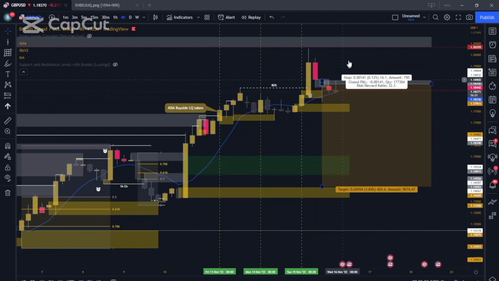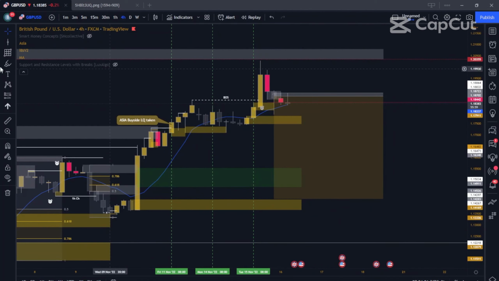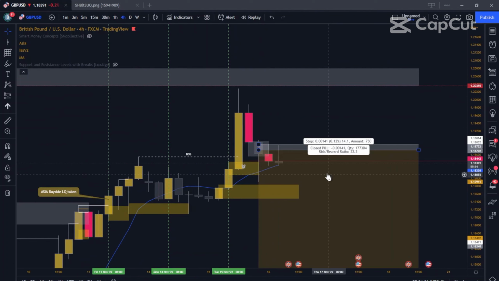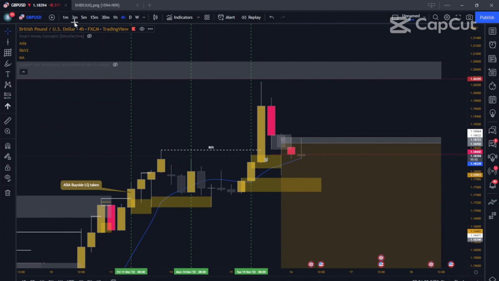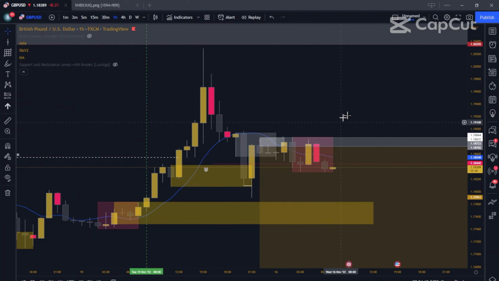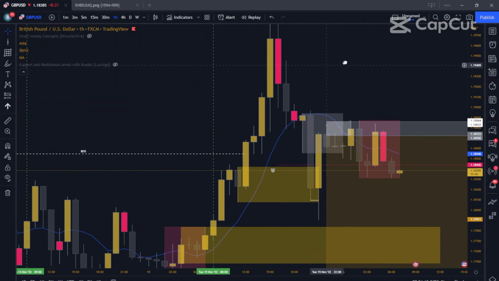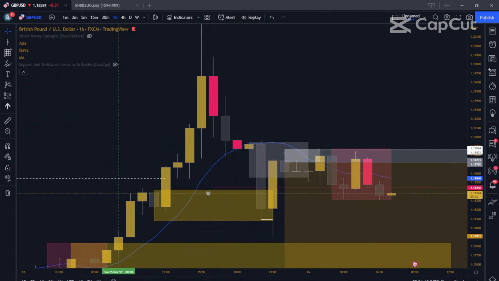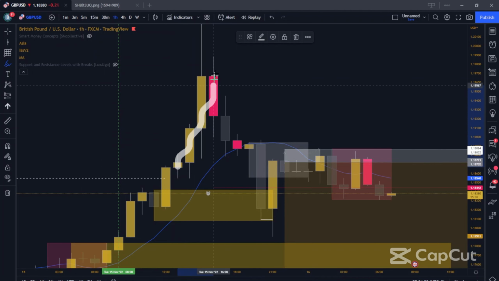Euro USD, GBP USD. Okay, so let me go through the trade that I found here. Go on the 1 hour. Okay, so if we look at this price action, we get a big push to the upside, we get a push to the downside.